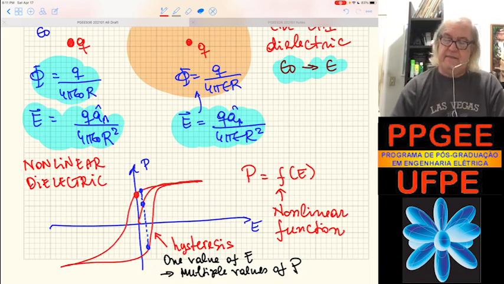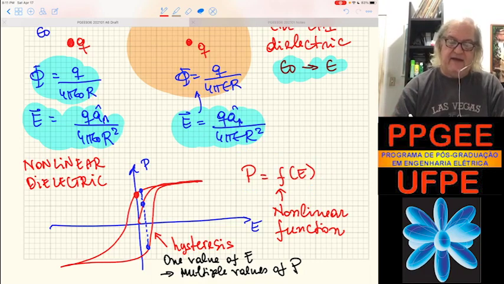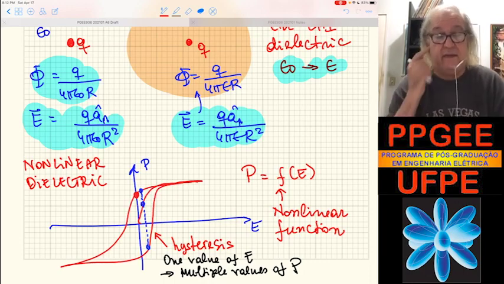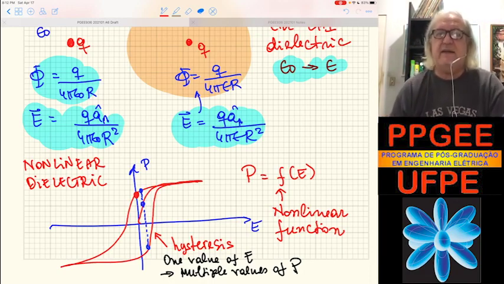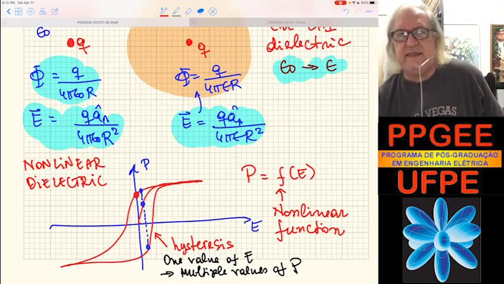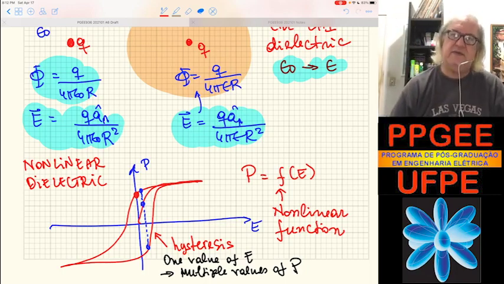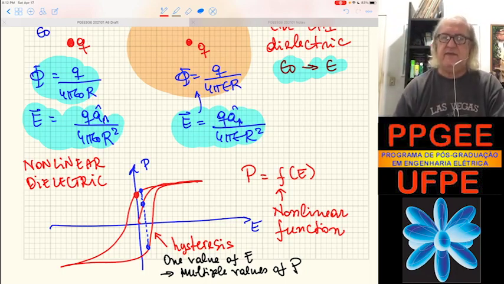And now we have a nonlinear function and not a single-valued function, because given a value of field here, you have this solution, that solution, or that solution for P. The only way to know which one is the right one is to know where the polarization was sitting before. So we have to know the previous history. So these are nonlinear materials.